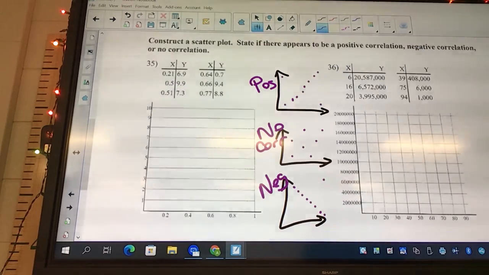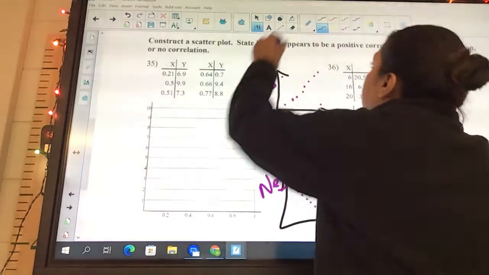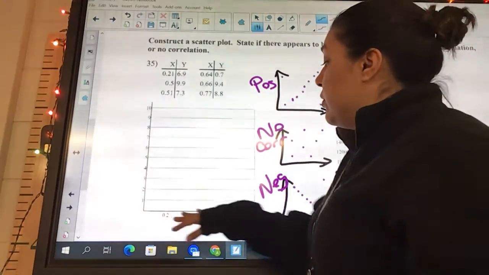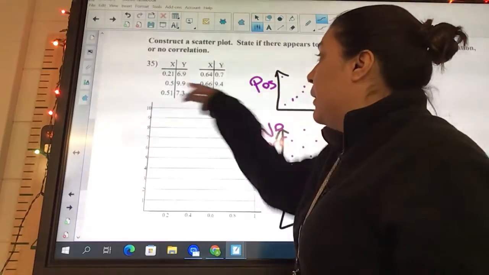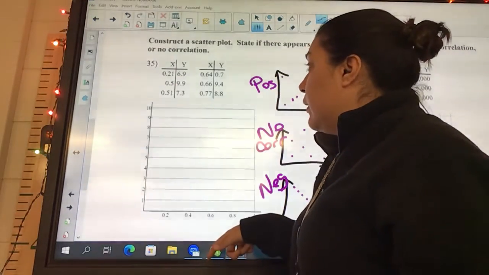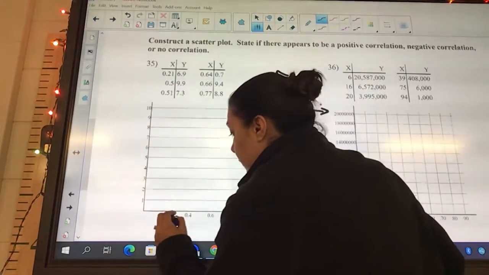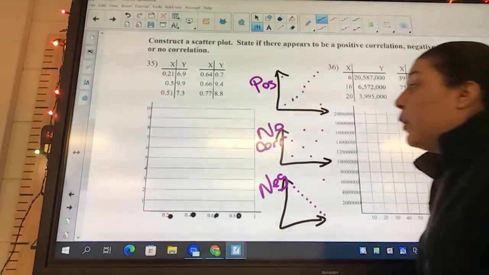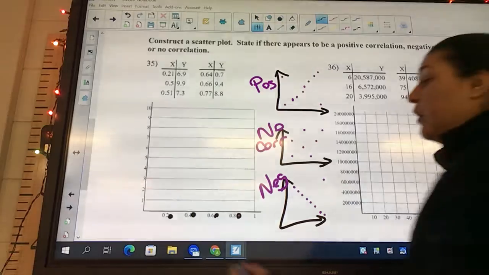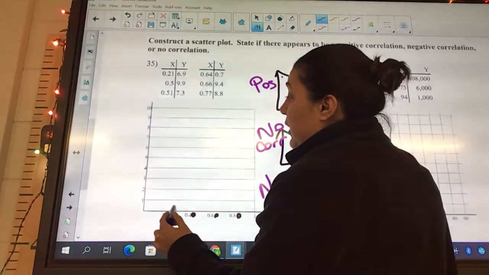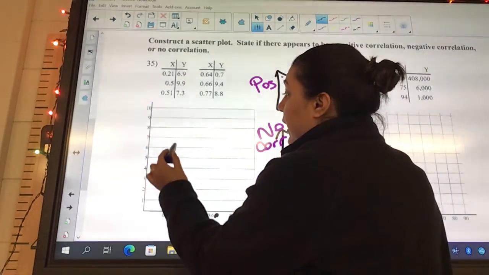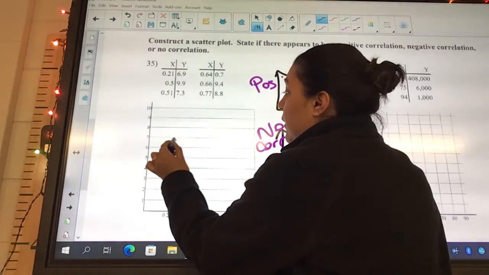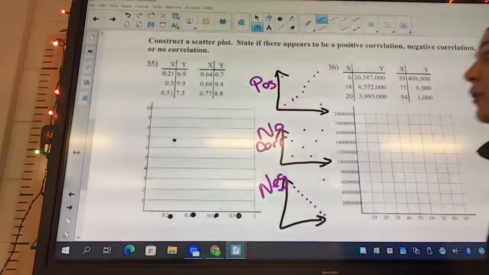So, when we're graphing these, we go to 0.2, and I look at it like money, so 21. So you can see that this is 20, and this is going to be 40, 60, 80. So 0.21, we go to that, and then we go to 6.9. They don't have to be perfect. Pretty close to 7.